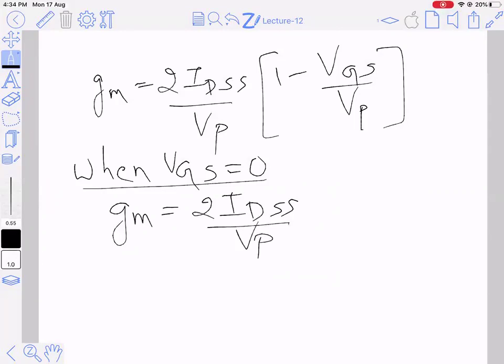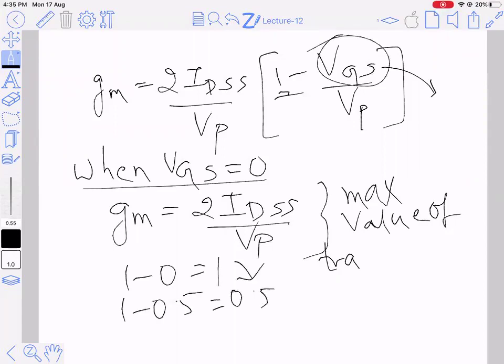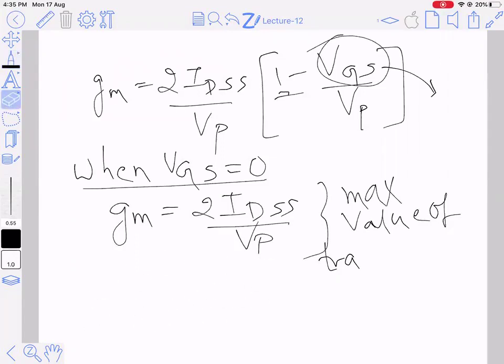When VGS is any other value, that means you're subtracting from that, so it has to be less than this. So this I can say is the maximum value of transconductance, because you're subtracting from 0. 1 minus 0 is 1, 1 minus 0.5 is 0.5, which is less than this. So this value is the maximum transconductance.